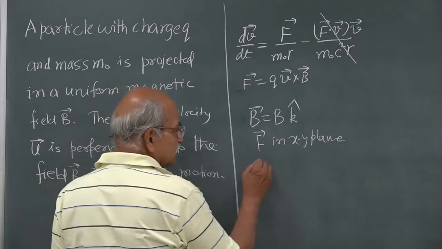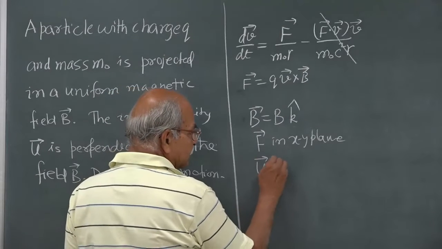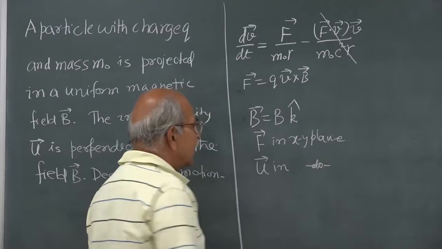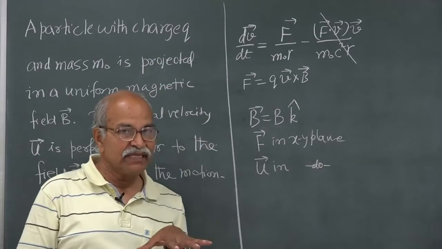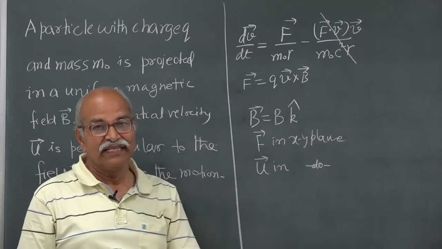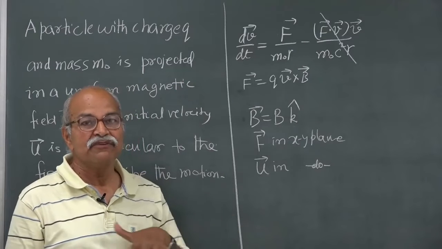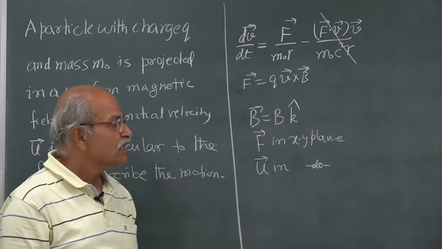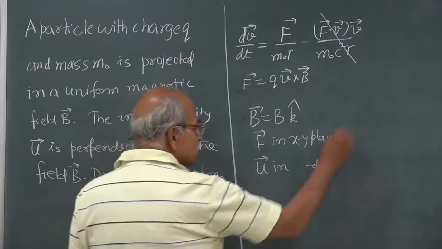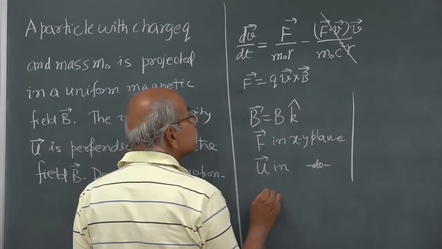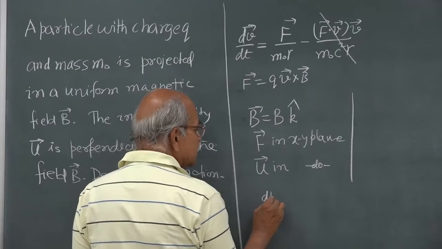If the initial velocity is in the xy plane and the force is always in the xy plane, there is no way it can pick up a z component, and hence the first thing is that the entire motion will be in the xy plane.